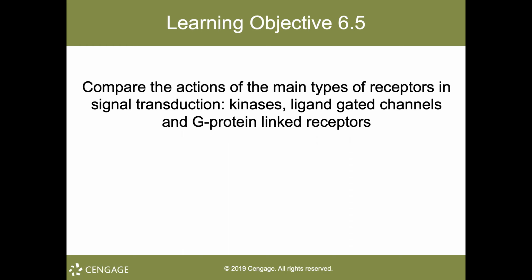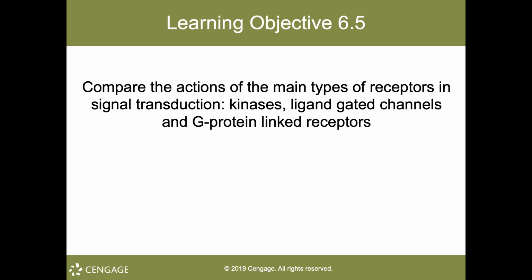Now, in order to turn the activity of these pathways off, there are enzymes in the cell that exist. So you have phosphatases that will be responsible for the hydrolysis of, or dephosphorylating, those proteins that have been phosphorylated. Then you have your ion gated channels, or your ligand gated channels.